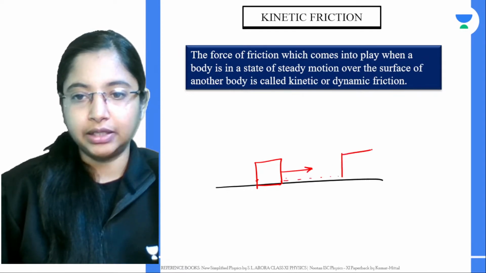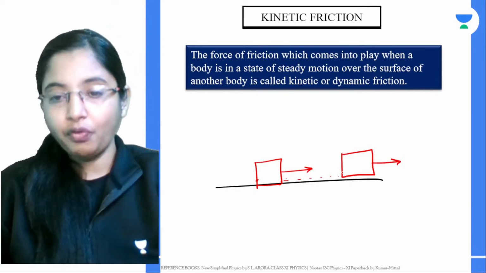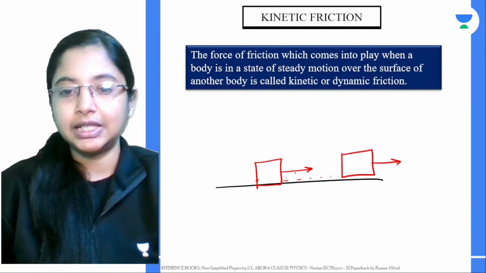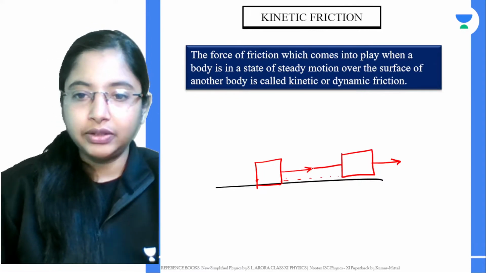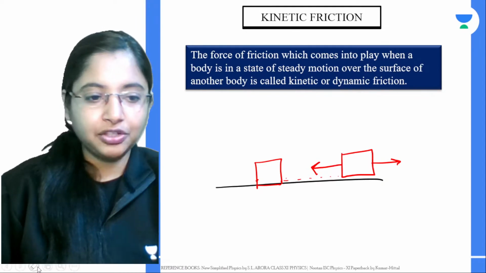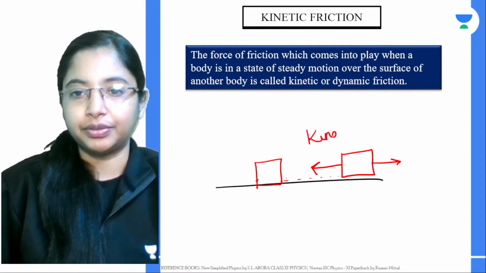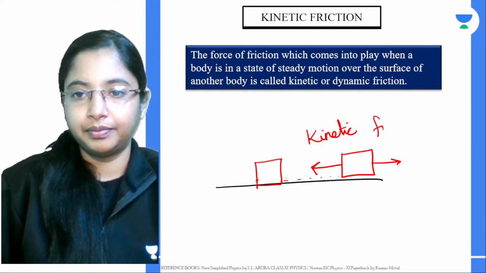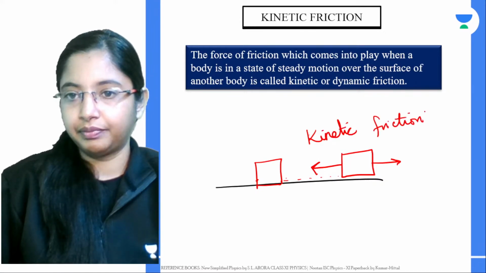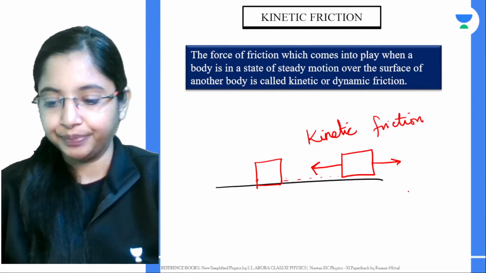It moves till here, which means it has overcome the static frictional force. In this case there will be a frictional force acting on this object, and this is called your kinetic friction, or dynamic friction.